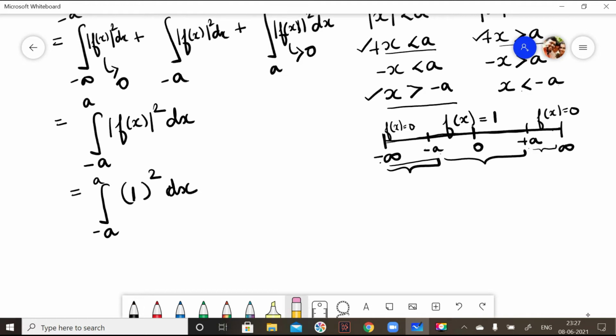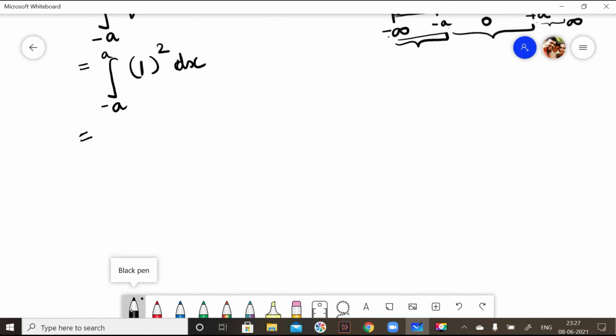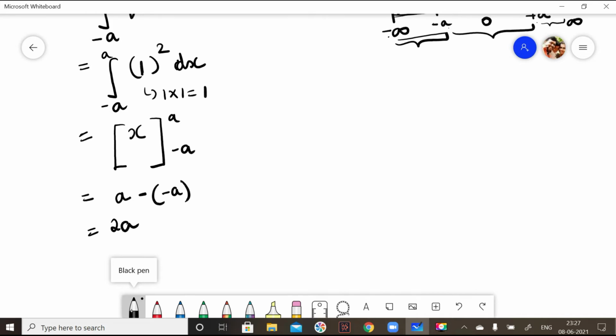Now when I integrate this, 1 into 1 is 1. So when I integrate 1, I will get x, with the limit minus a to a. Now when I substitute the upper limit, I will get a minus of minus a, which is equal to 2a.